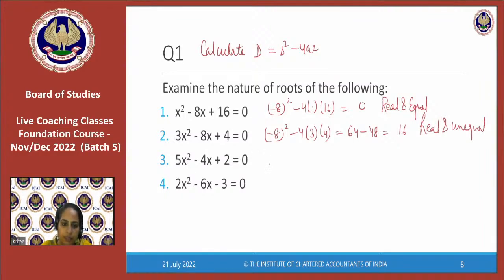For this, (-4) whole square minus 4 into 5 into 2. 16 minus 40, which is minus 24. So we will say imaginary roots.